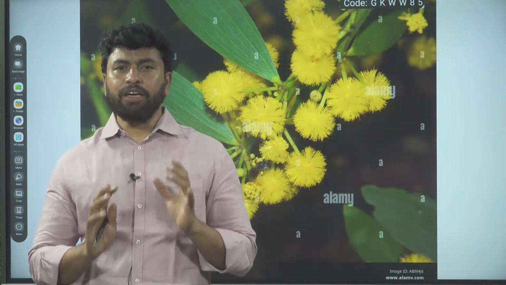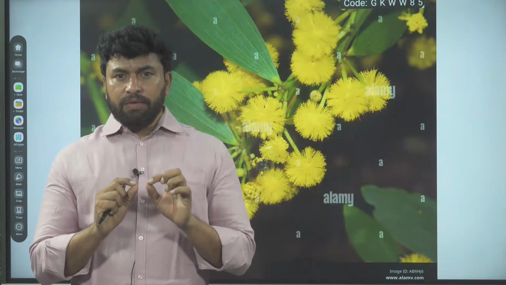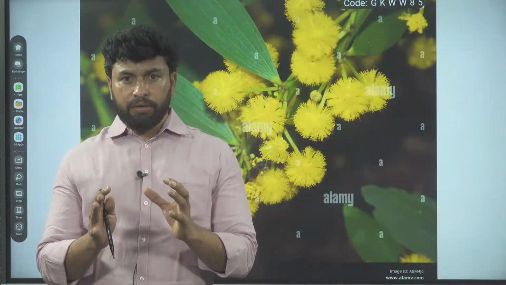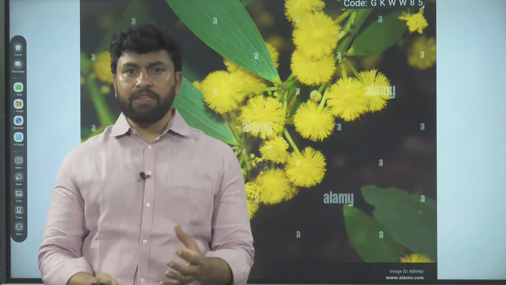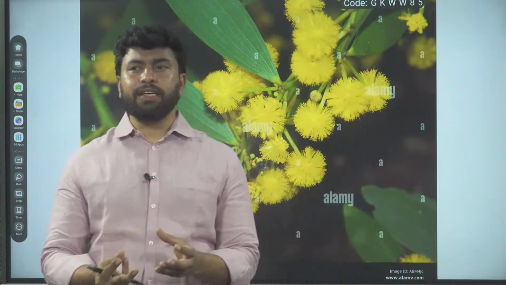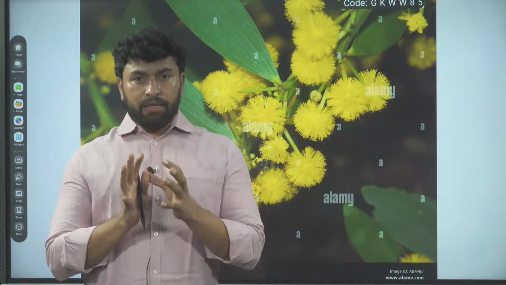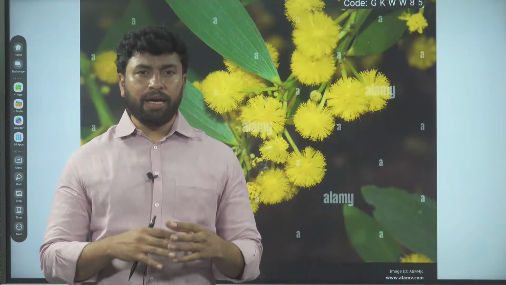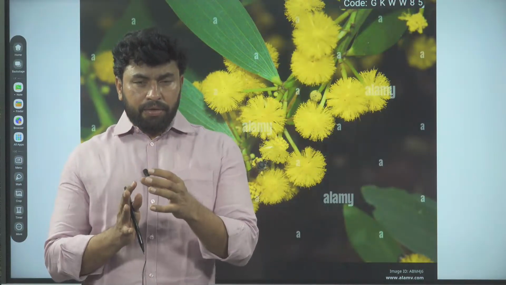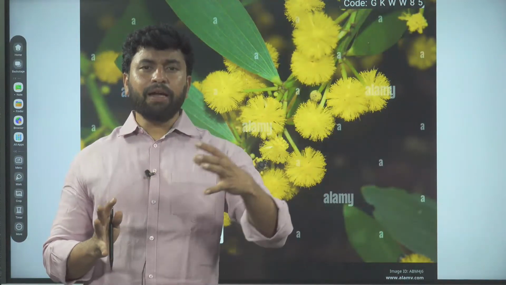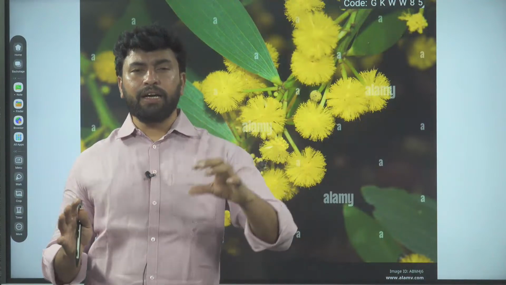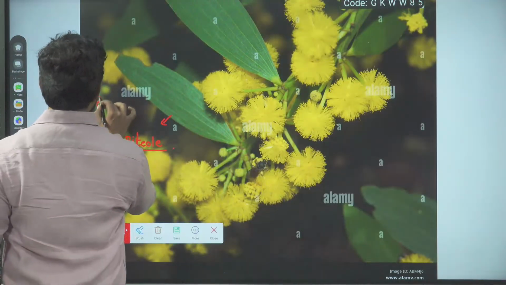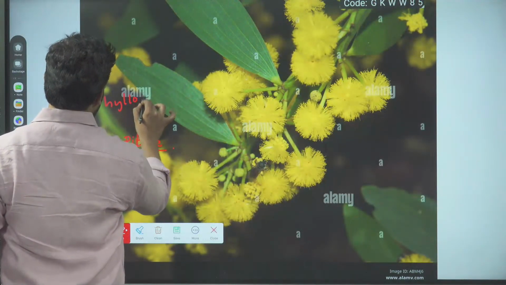Once the leaf falls, be careful, the entire leaf is not going to fall down, only its leaflets fall down, its lamina disappears. In order to avoid transpiration, the lamina disappears. The petiole gets expanded. The expanded petiole becomes flattened and starts to perform photosynthesis. This is called phyllode.